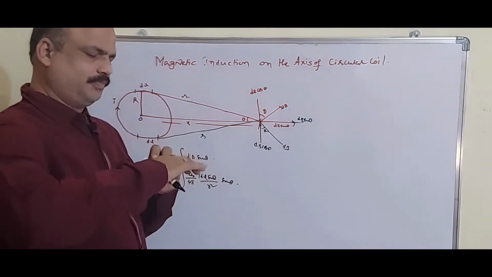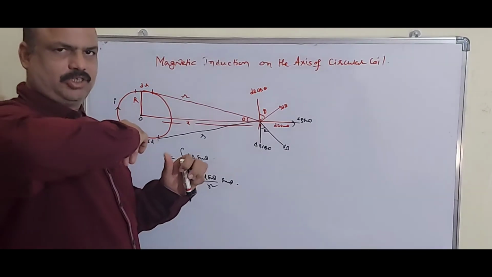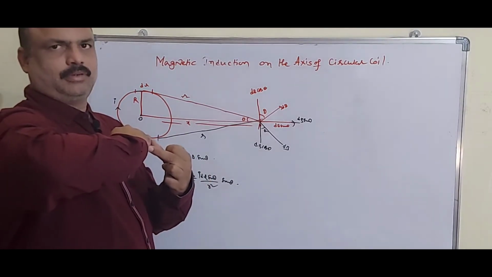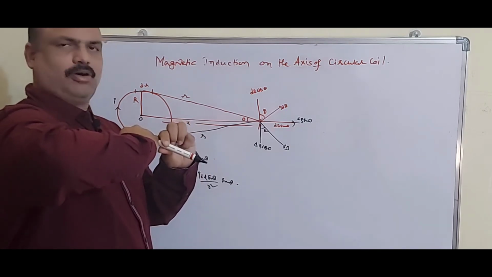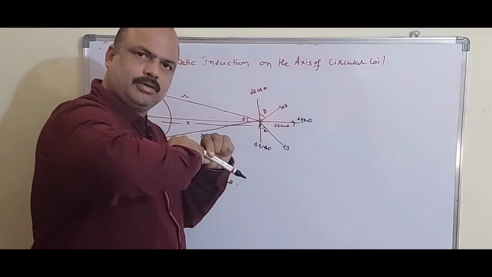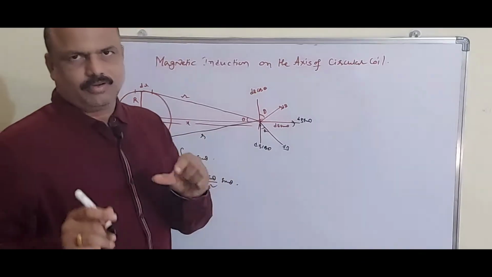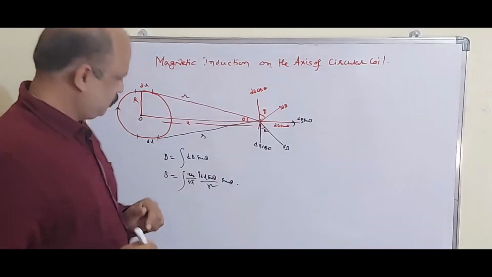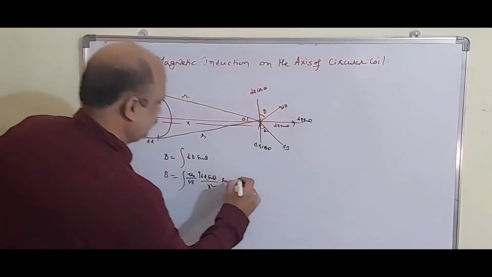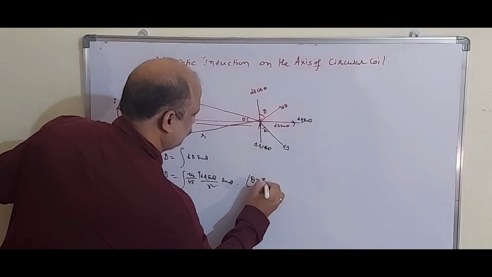For example, this is the circular coil, this is a small element, and this is r. The angle between this small element and r is 90 degrees, so sin theta is equal to 1.